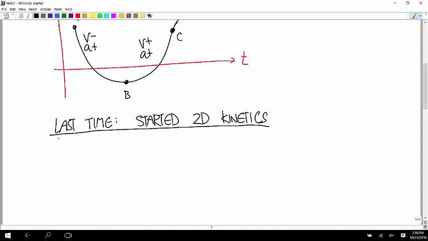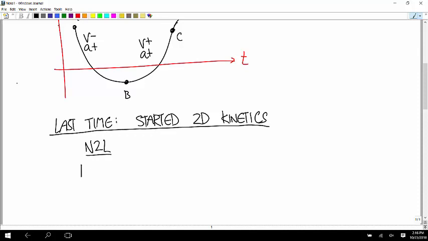And remember, kinetics means that we're combining what we know about describing the motion, combining kinematics, the stuff we've been doing up until now, with causes of the motion. And those causes, for now, are just force, vectors, and mass. And we came up with the most important equation in this class, Newton's second law.